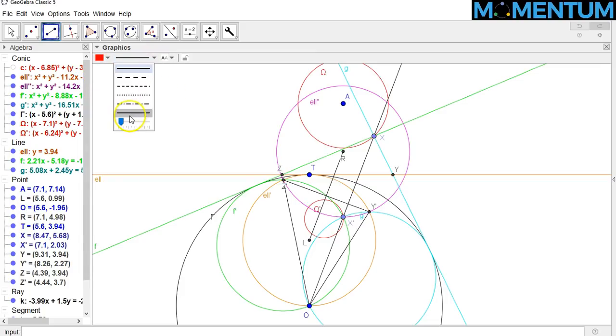Let's go ahead and 1, 2, 3, 4 maybe. Have a look at this shape. I claim that this is a trapezoid.